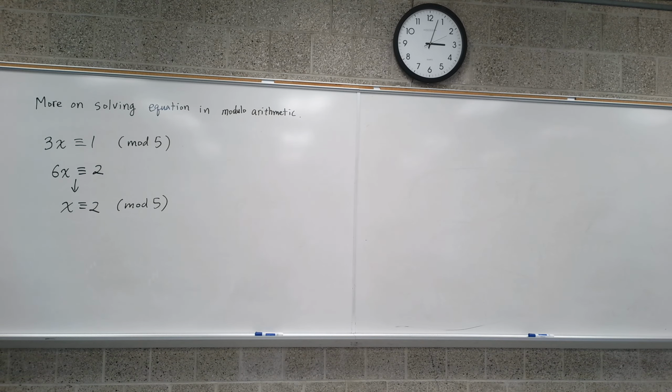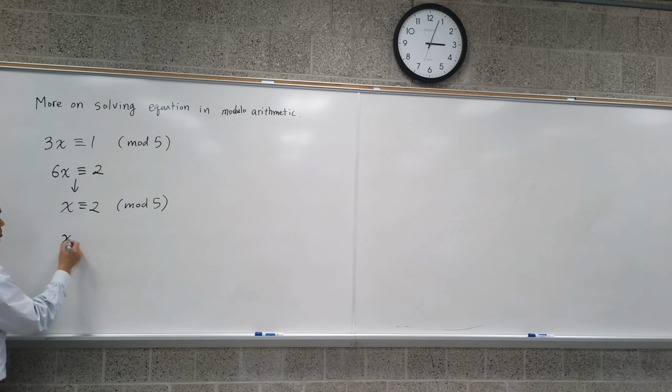Now, before I move on to some other examples, I want to point out that this means x is a number where if you divide by 5, you get a remainder of 2. That's what it means, right? You can rewrite this in the following way.